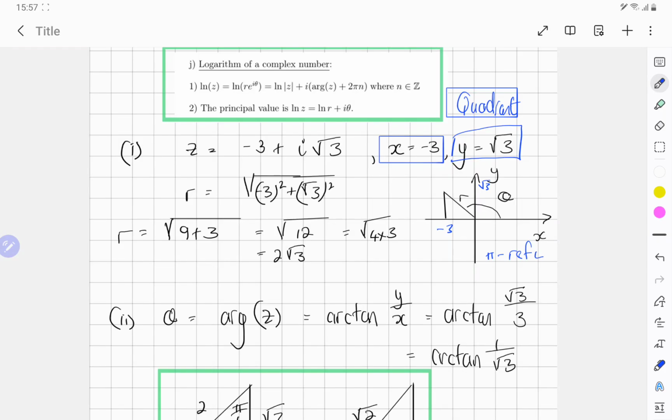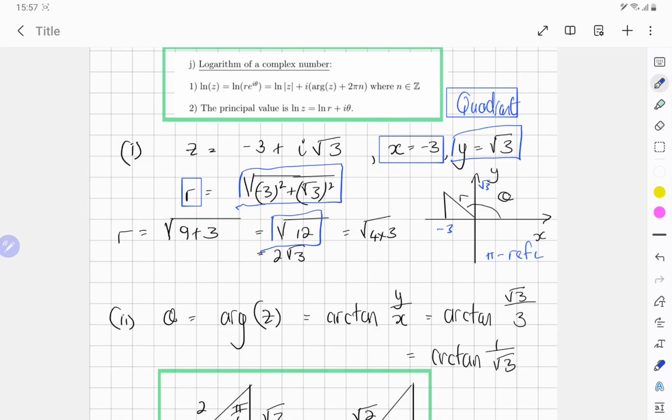So for the modulus r, we just do the square root of x squared plus y squared, which is square root of 9 plus 3, square root of 12.